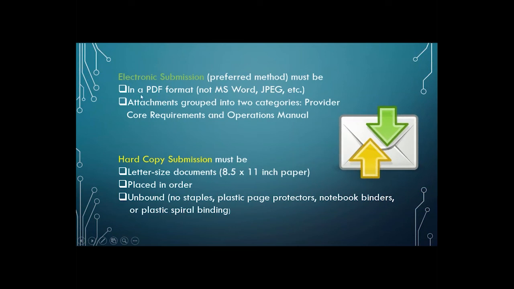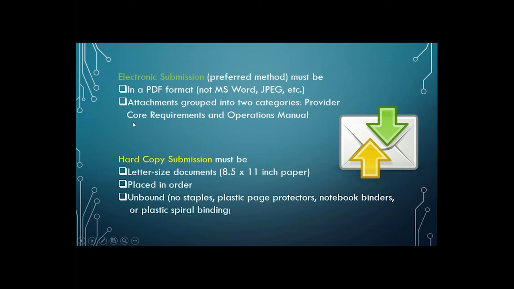We do ask that you PDF these documents so that they cannot be altered, and that if your attachments are too large, that you group them into one of two categories, either provider core requirements or an operations manual. You can attach as many attachments as you need, but make sure that they're clearly identified.